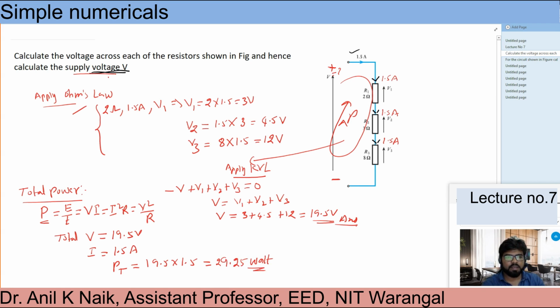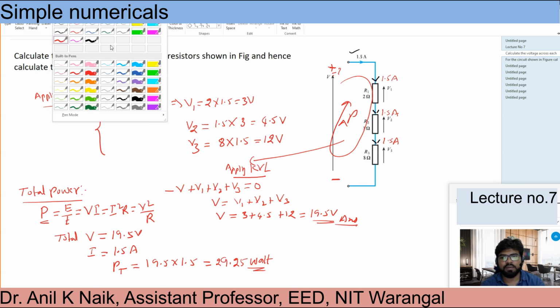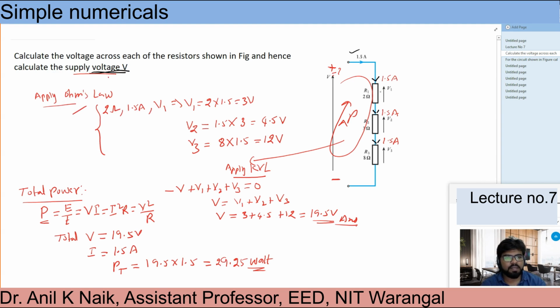Suppose I want to calculate the power dissipated by this particular resistor, PR1. I can use any one of these formulas.